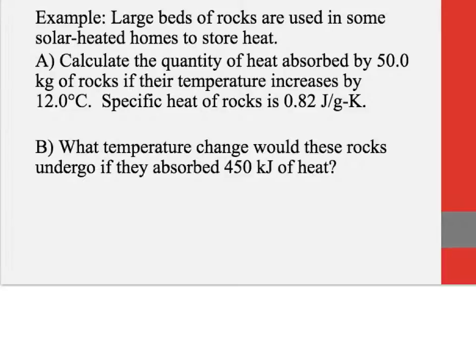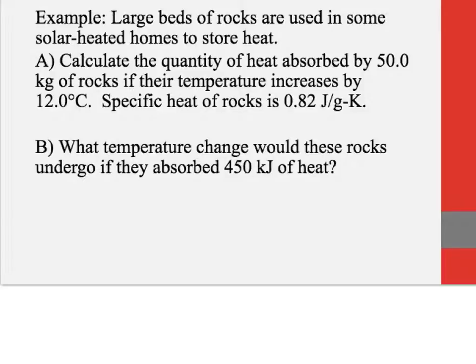Okay, in yet another example, large beds of rocks are used in some solar heated homes to store heat. Calculate the quantity of heat absorbed by 50 kilograms of rocks if their temperature increases 12 degrees, and the specific heat of the rocks is 0.82.